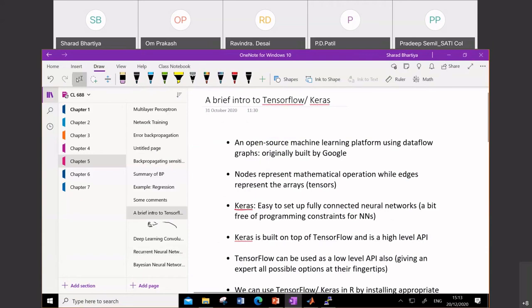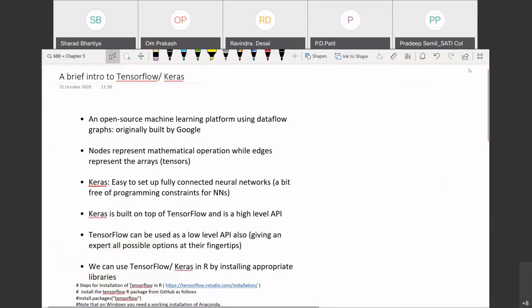Now let me just talk to you very, very briefly about TensorFlow. As I said, this TensorFlow by Google, okay, and as soon as I said Google, my mobile phone said, "How can I help you?"